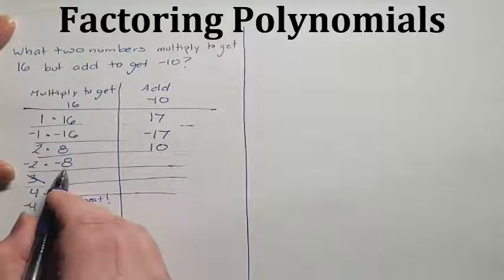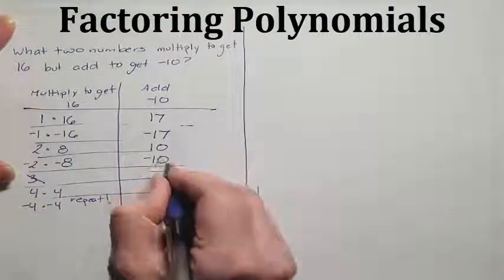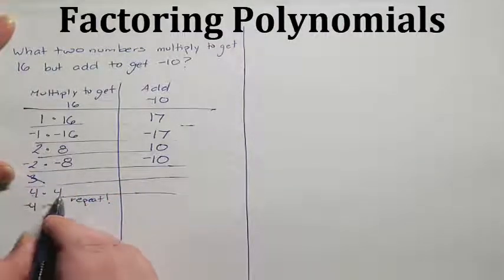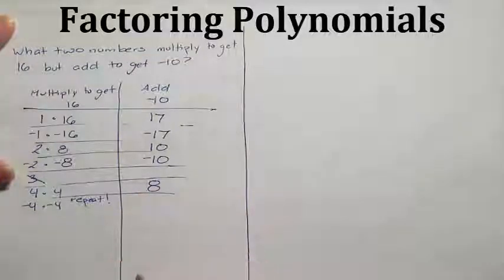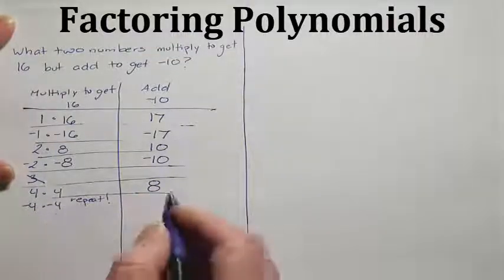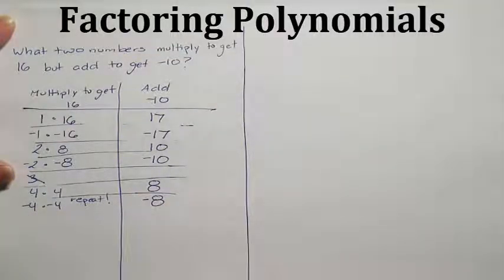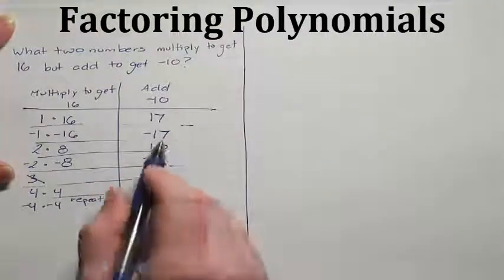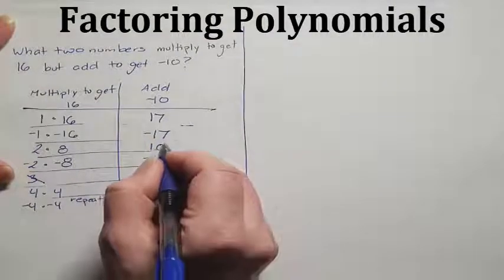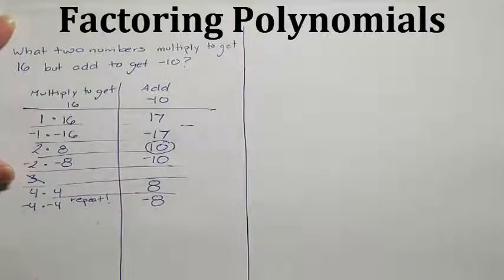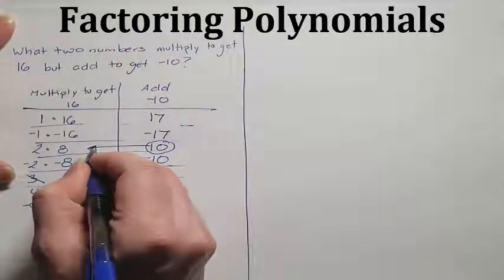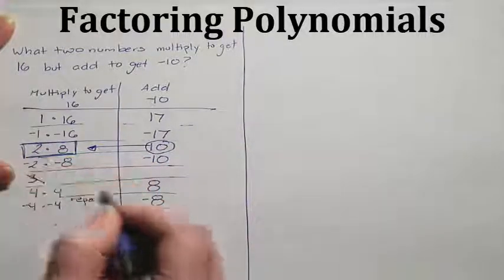A negative 2 and a negative 8 would add together to give me a negative 10. 4 and 4 add together to give me an 8. Negative 4 and negative 4 add together to give me the negative 8. Which one gave us the negative 10 we needed? Right here, we found the negative 10 that we needed, which means our answer is these two numbers right here.